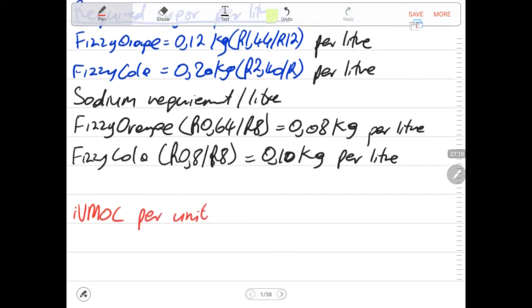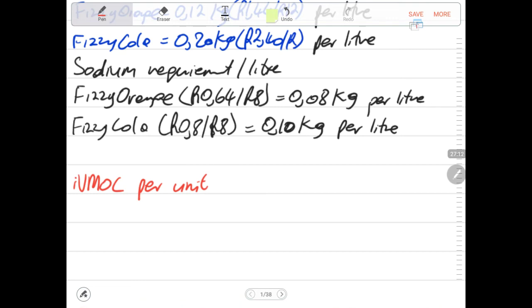I already have them per liter, but I need them per unit. So now this will be for each of the product variations, fizzy orange and fizzy cola.